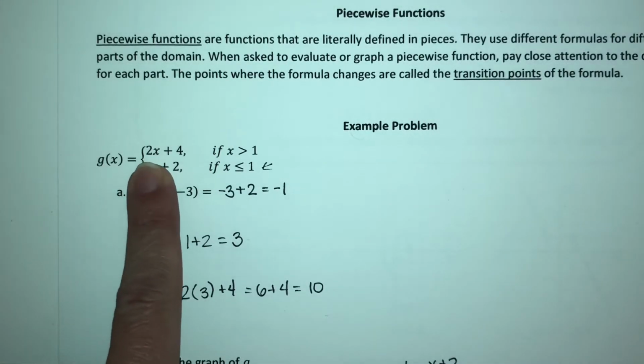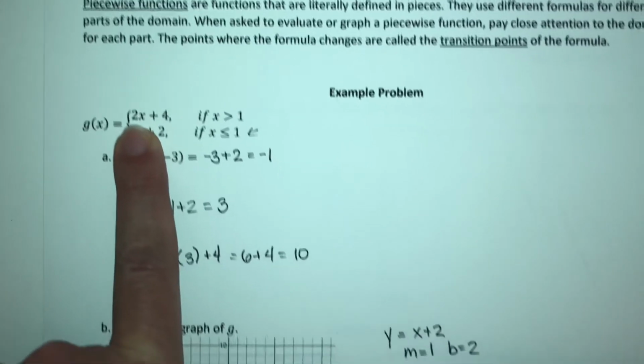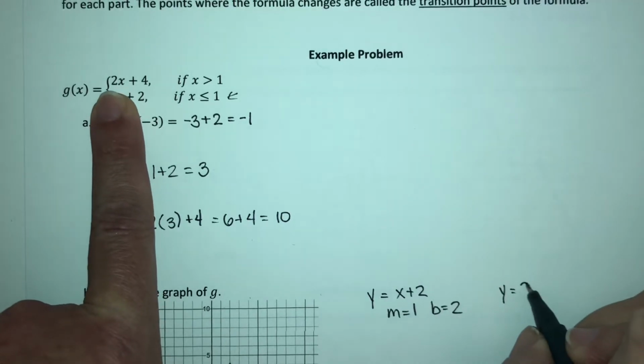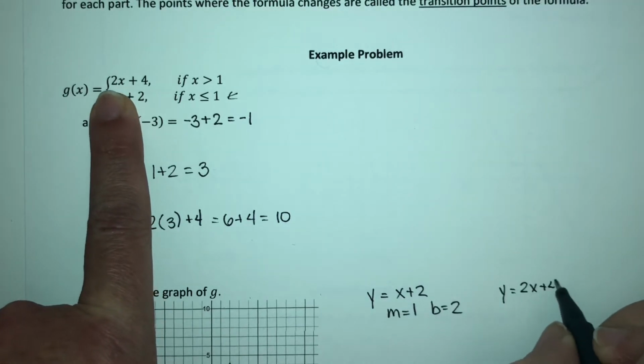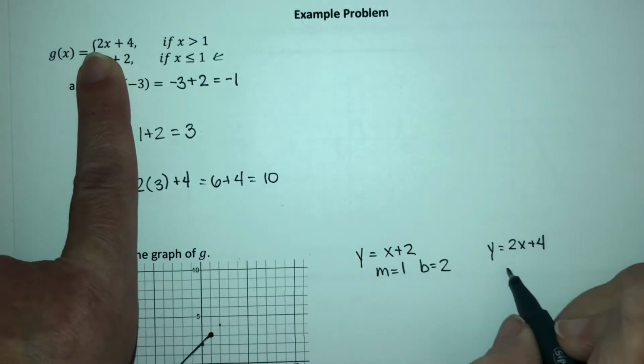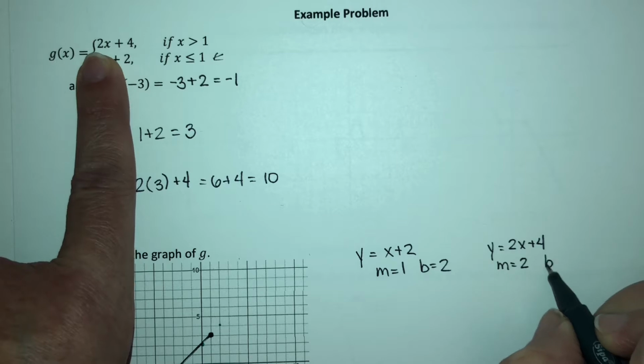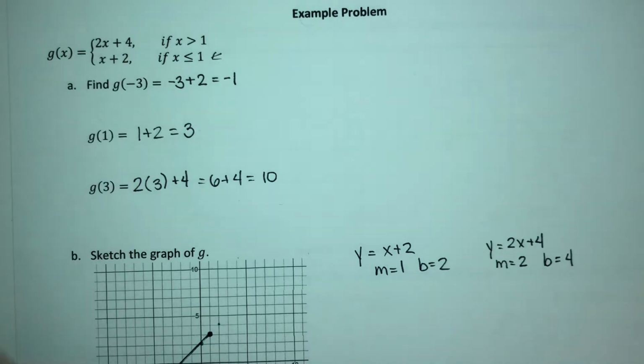Okay, so now let's do this part. Basically, what I'm trying to graph is y is equal to 2x plus 4. In this case, my slope is 2, and my y-intercept will be 4.